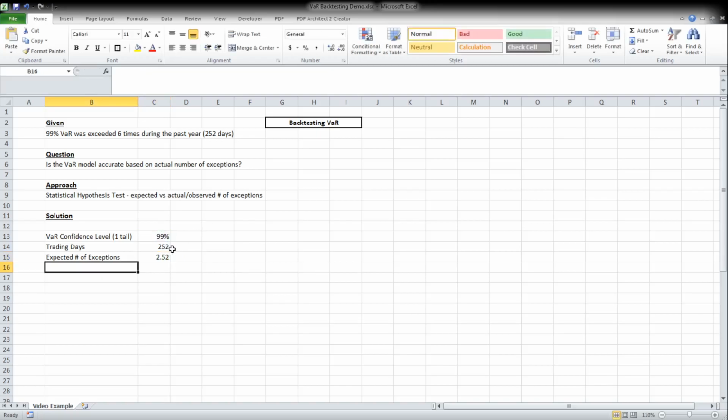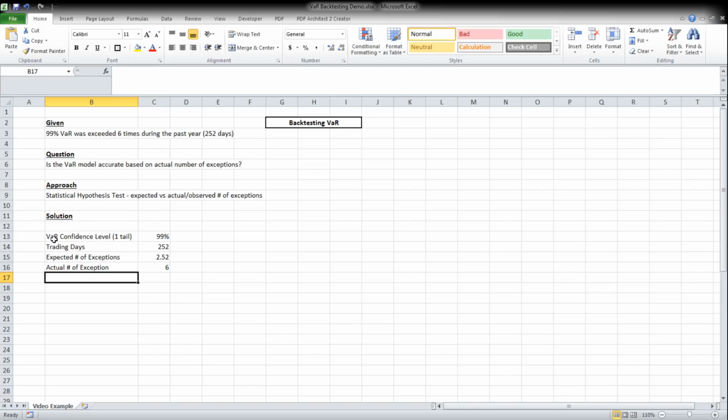In a period of 252 days, we're expecting 2.5 days where our losses will exceed VaR. The actual or observed number of exceptions is 6. That's how many times VaR was actually exceeded, given in our problem.